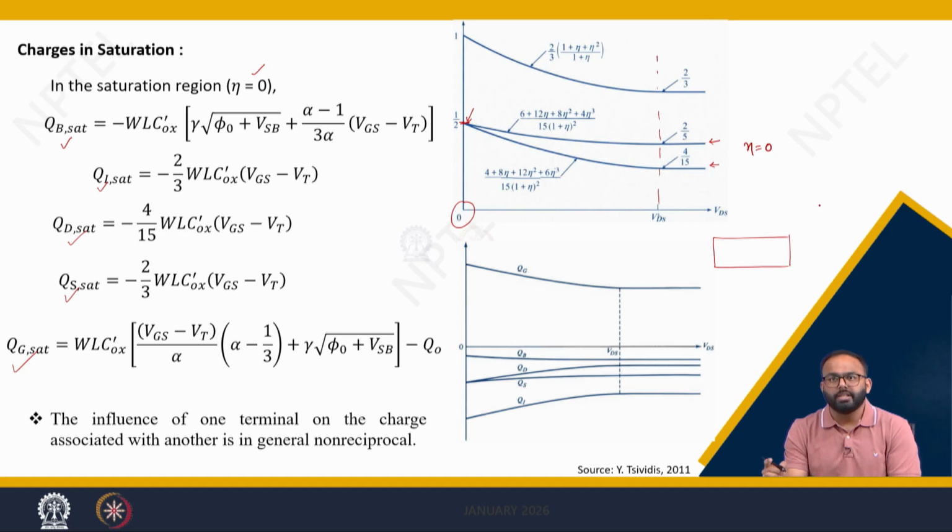However, if VDS is not 0, then the bulk charge increases and the inversion charge reduces. The reduction in inversion charge is supported by Qd being reduced compared to Qs by this amount, correct. So, we can use this analogy or this expression to calculate the charges in terms of terminal voltages in strong inversion.